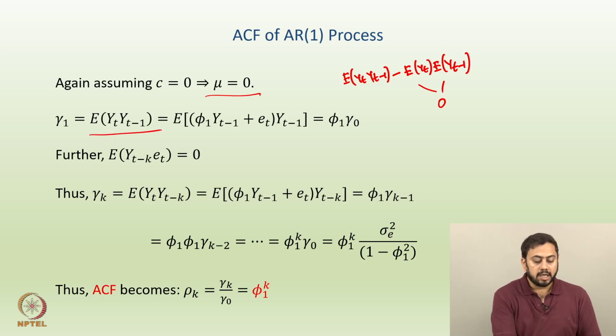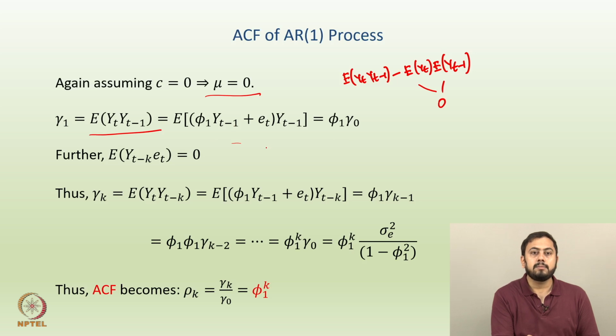Now what we can do is input the model here. So yt has an AR1 structure, which is phi 1 into yt minus 1 plus et, all multiplied by yt minus 1. Notice that this is a product. So the expectation of phi 1 yt minus 1 into yt minus 1 would be nothing but phi 1 into gamma 0, because the subscripts are the same.